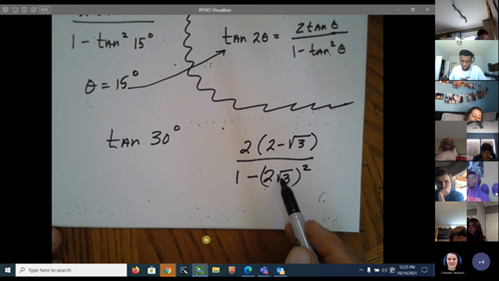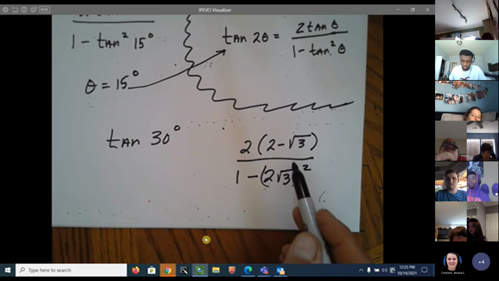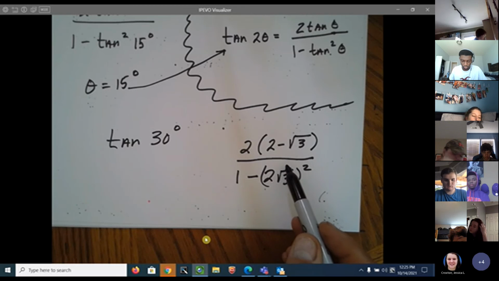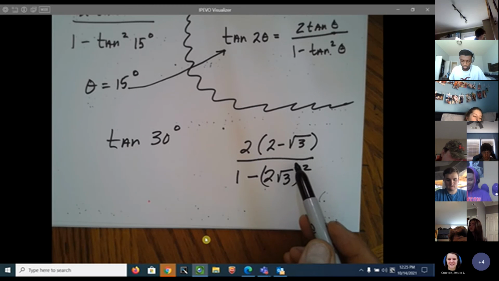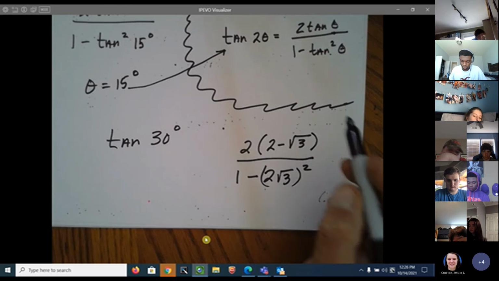I'm trying to think of the easiest way to do this, because this is going to be a mess. My brain hurts. I'm sorry, I'm thinking a minute, because you're talking a page of work here.